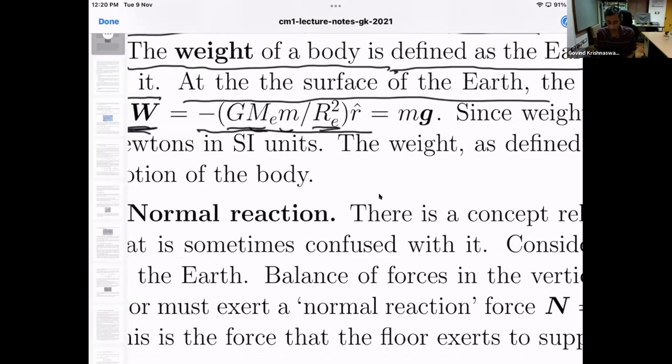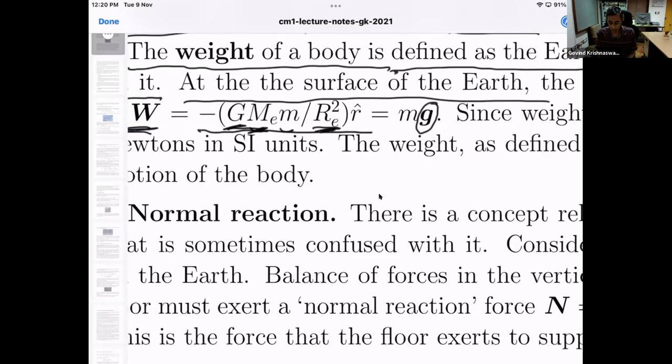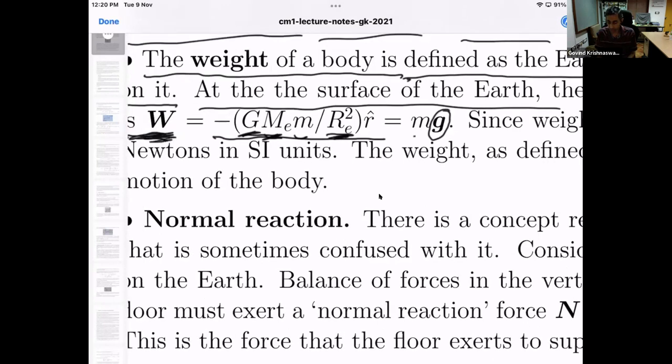Okay, so we will combine all these constants like G, capital M, and Re squared, and put them inside this boldface small g, which we had defined previously. It is the acceleration due to gravity. So we notice then that the weight of a body is simply m times g, and points vertically downwards.